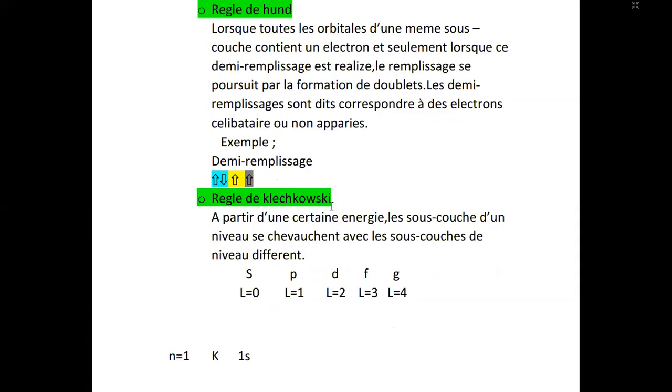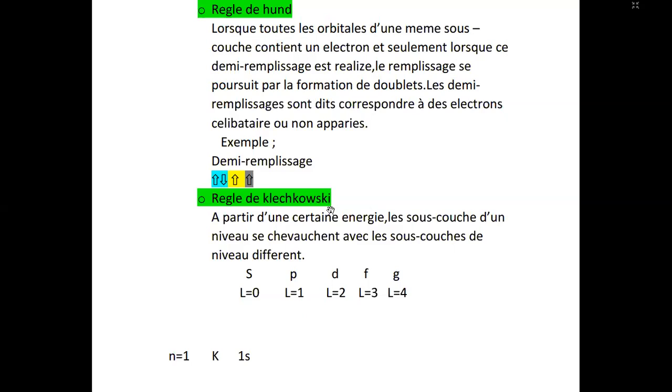If you know how to interpret this rule of Klechkowski, you will never find any difficulties in writing the electron configuration of any atom. You will know how to write and how to follow.